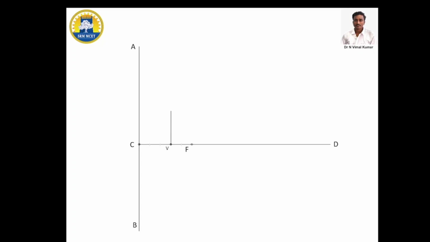Next, on the straight line, we need to measure the distance from vertex to focus. Approximately from this question, its value is 20 mm. So you can make an arc of 20 mm from the vertex, and you should take this center point to this vertex touching point, distance 20 mm point, to make one straight inclination line.